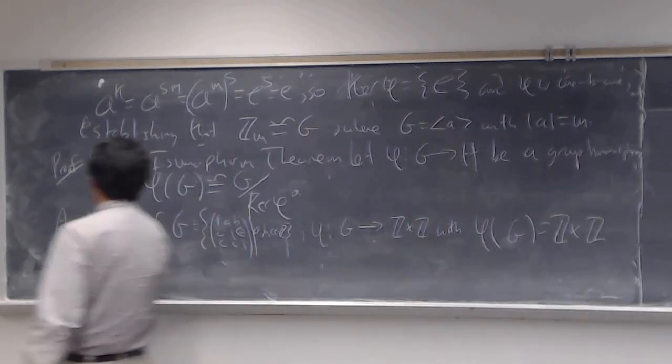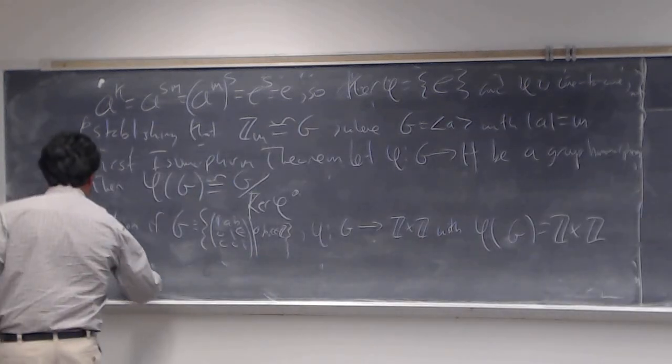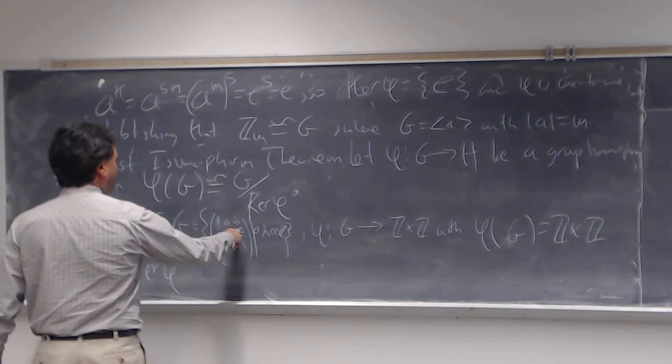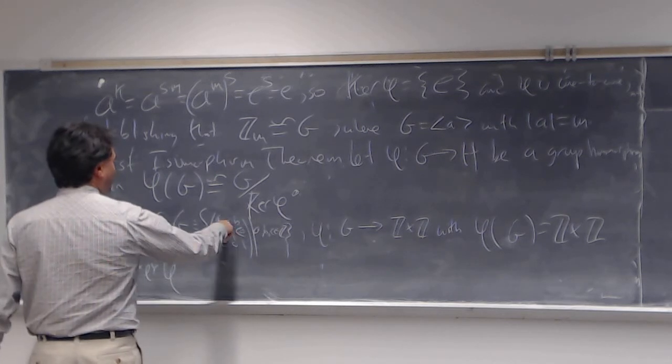And remember, what was the kernel of phi? We sent these two to a pair, so these two were 0.